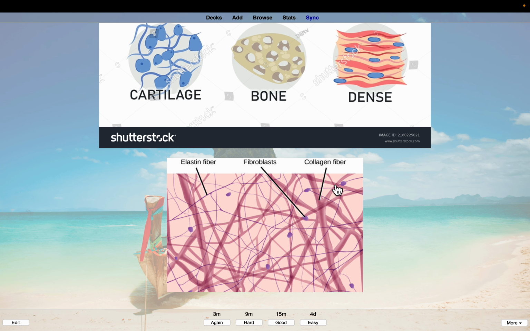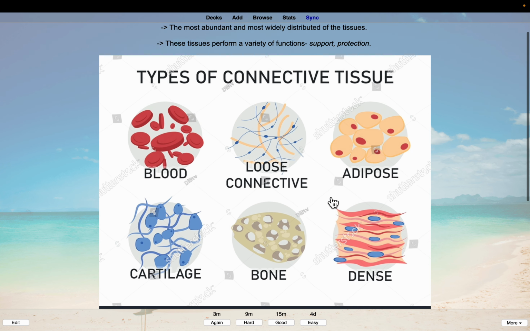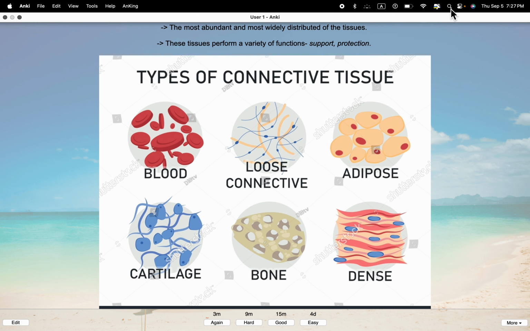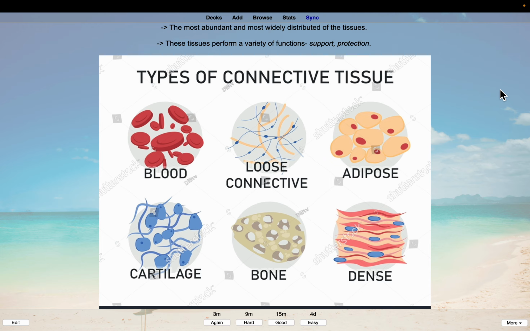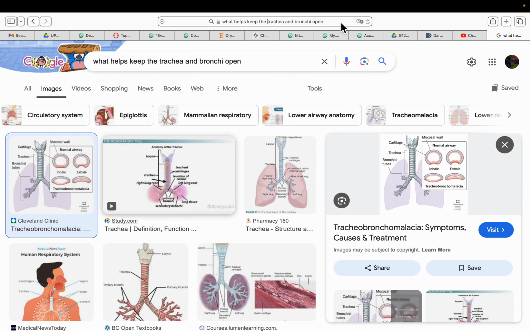Elastin fiber, fibroblasts, collagen fiber. This has been mentioned in a previous video. What are adipose cells again?